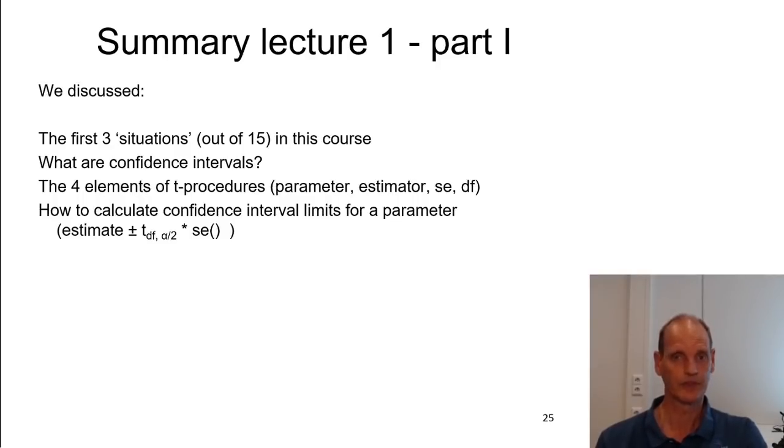We also saw what these are for the 3 situations that we looked at: one sample, paired observations, and two independent samples. Finally, we showed how to calculate confidence interval limits for a parameter for each of these 3 situations. And the general formula always is estimate plus minus t times standard error.